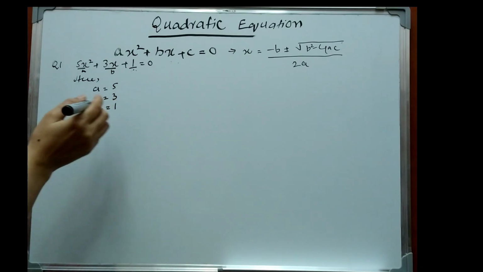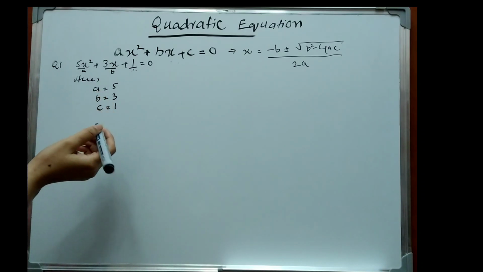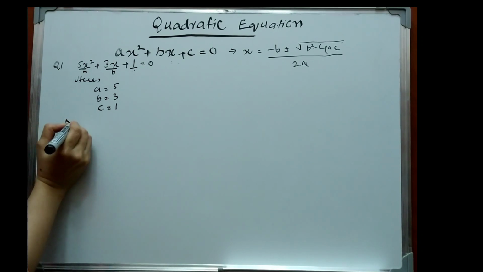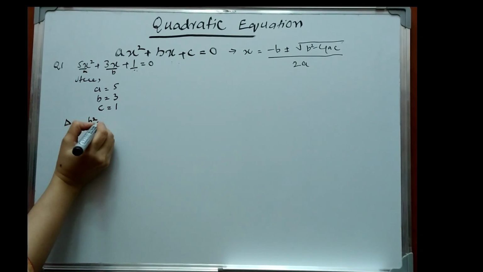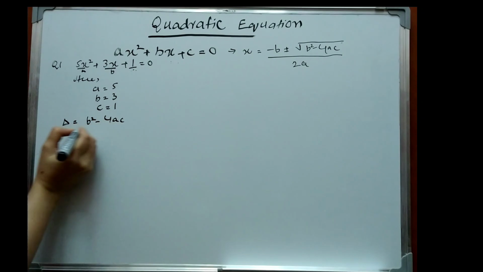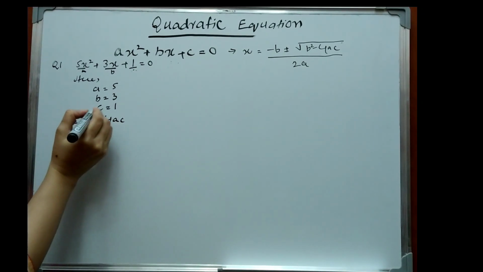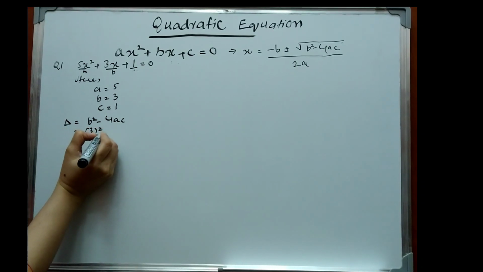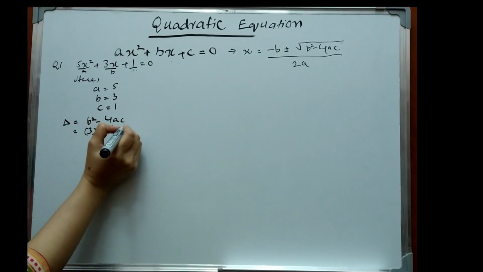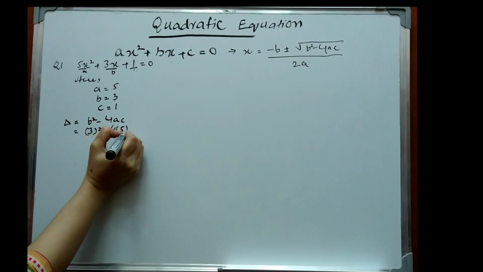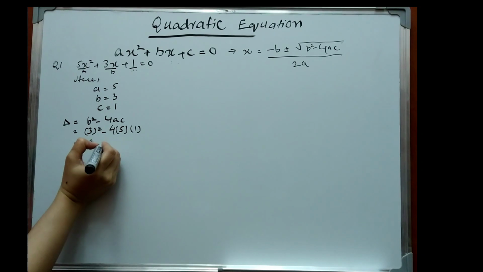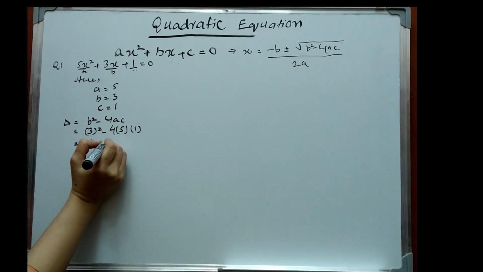First of all, we have to determine the value of delta, meaning the nature of the roots. Delta equals b square minus 4ac. Putting in the values, we obtain 3 whole square minus 4 times a equals 5 and c equals 1. 3 3s are 9, minus 5 4s are 20.